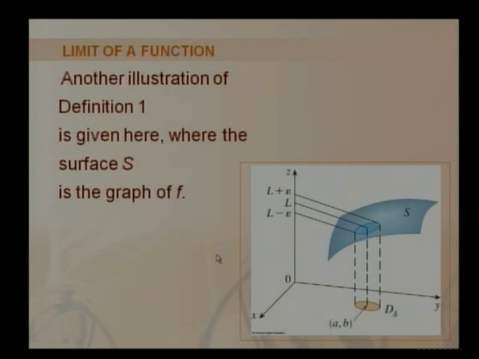In another way, looking at the three-dimensional figure, say this S is the surface which shows the value of function f(x,y). The xy plane is our domain. If we take this point as (a,b), again this is a circle with center (a,b) and radius delta. So if we keep (x,y) within that circle in the domain, then the value of function f is shown here.